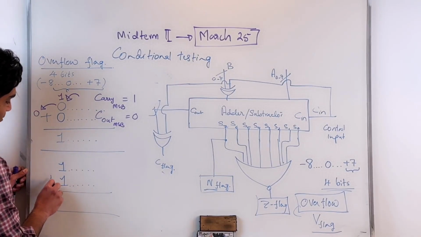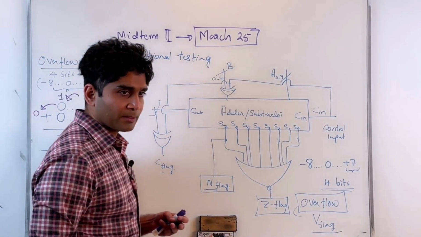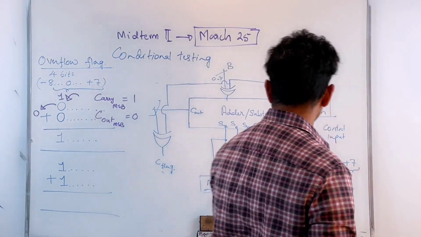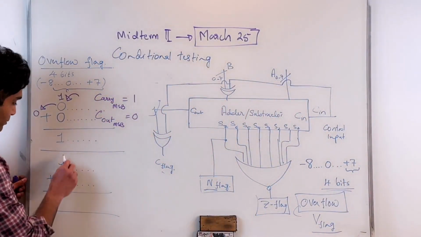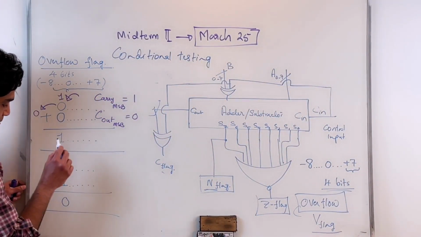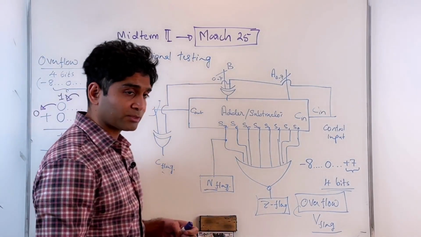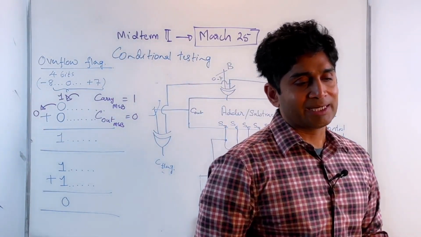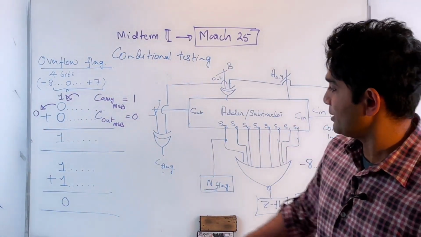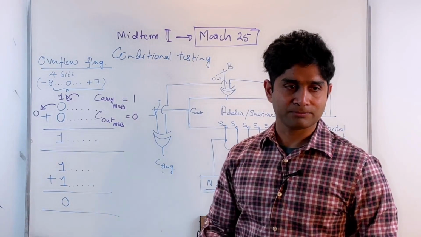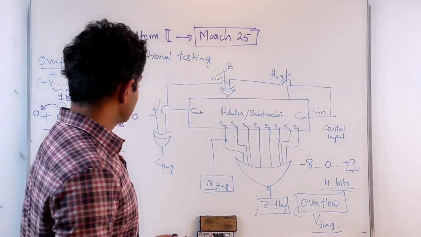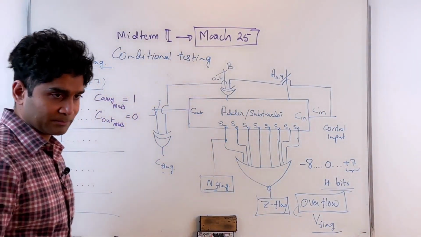I'm adding these together, and I should get a 0 here, right? Because that's when I'm checking for the overflow. That means when I'm adding two negative numbers, I expect to get a negative answer, but here I'm getting a positive answer. Under what circumstances do I get a positive answer?